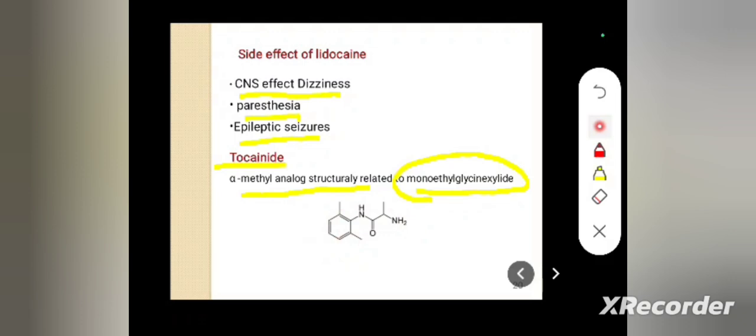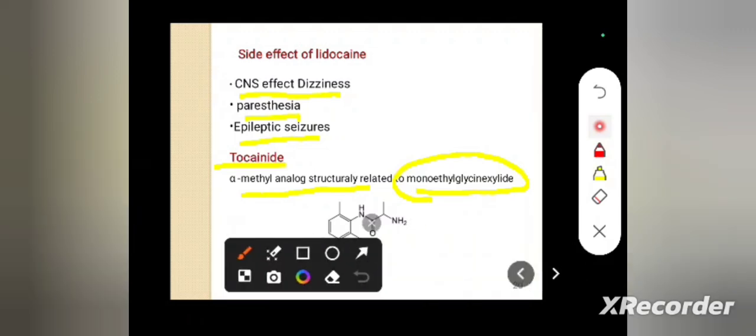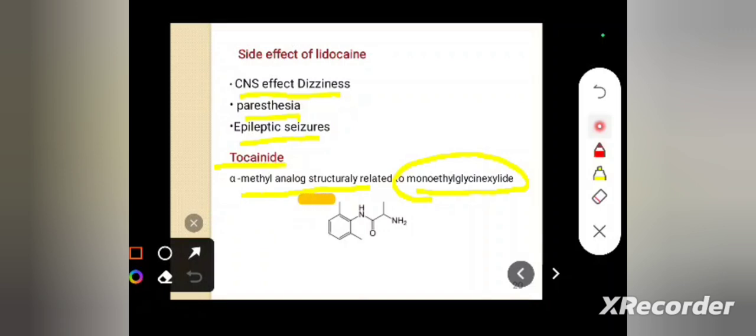So tocainide, again, is a derivative of acetoxylidide, but at this carbon there is a methyl substitution and an amino substitution only.